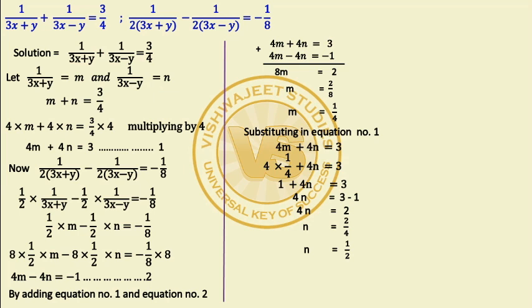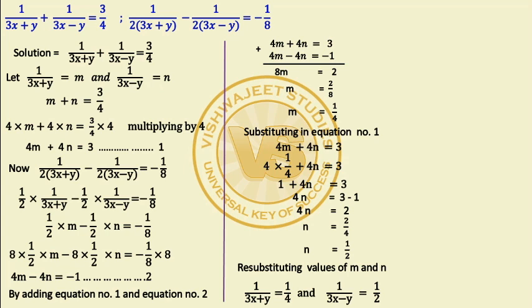After getting the values of m and n, resubstitute the values of m and n as we considered. After writing 1 upon 3x plus y is equal to m and 1 upon 3x minus y is equal to n, and instead of m keeping 1 upon 4 and instead of n keeping 1 upon 2, we get 1 upon 3x plus y is equal to 1 upon 4 and 1 upon 3x minus y is equal to 1 upon 2.